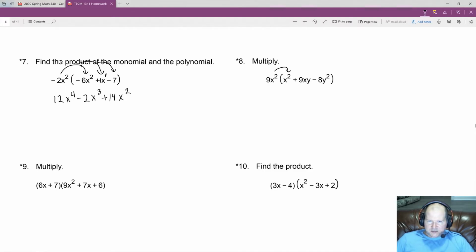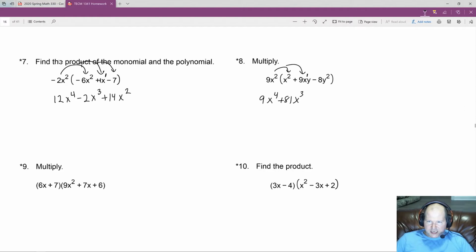Next, we move on to the next problem. We say 9x squared times x squared plus 9xy minus 8y squared. The first one we distribute is 9x squared times x squared. So we keep the 9, and x squared times x squared is x to the 4th, because 2 plus 2 is 4. Next we say 9x squared times 9xy. 9 times 9 is 81. X squared times x to the understood or implied first power is x to the 3rd power, because 2 plus 1 is 3.